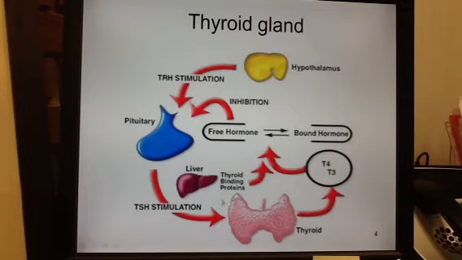Those hormones are released into the bloodstream, where some of them are bound by thyroid binding proteins that are produced in the liver. So there's always this flux between bound hormone and free hormone. It's the level of free hormone that inhibits the pituitary gland. So as free hormone goes up, the pituitary gland is inhibited from stimulating more thyroid production.